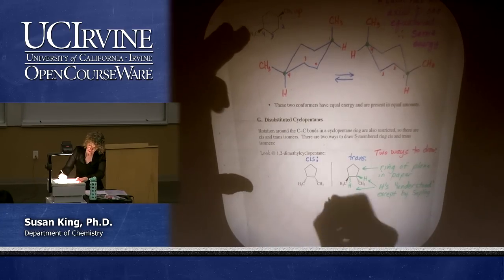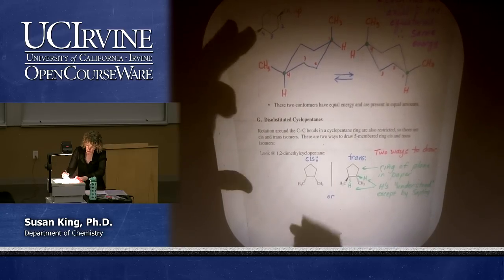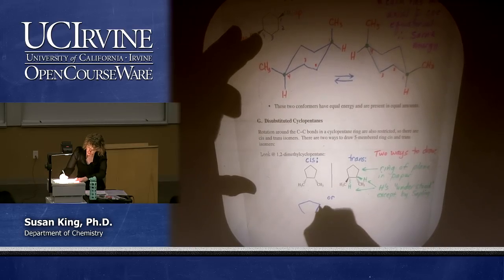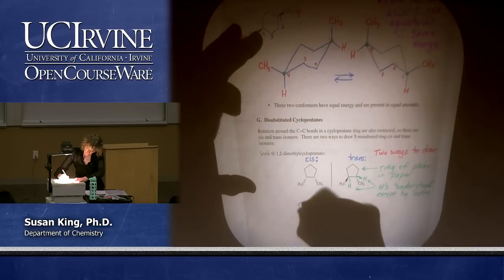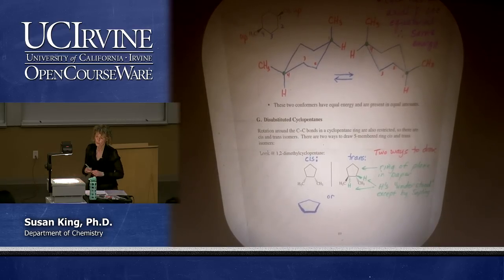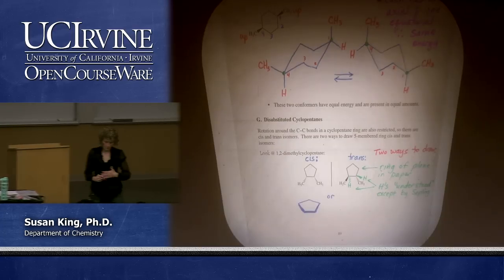Another way to draw this is to have the actual ring perpendicular to the page. So you kind of draw it a little bit flattened, and then this part is wedged, so that the ring is kind of floating above your page, perpendicular to your page.